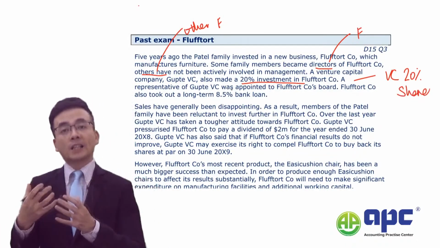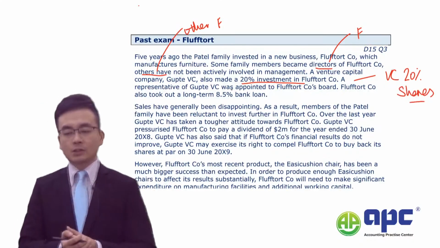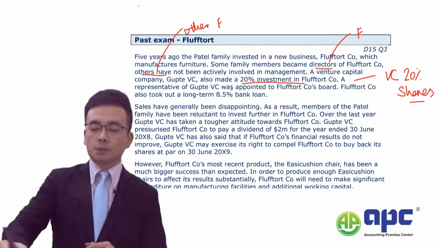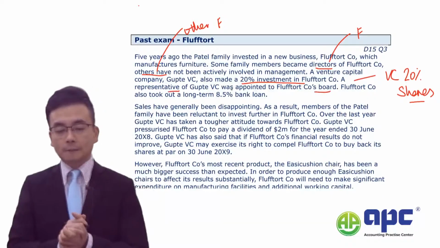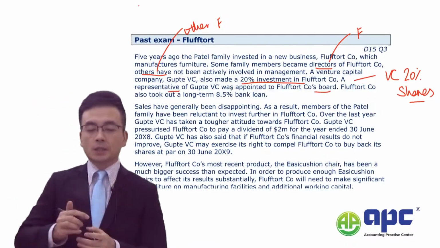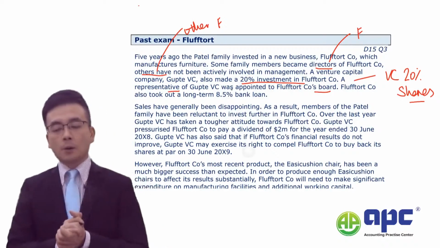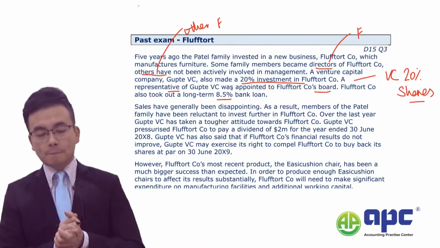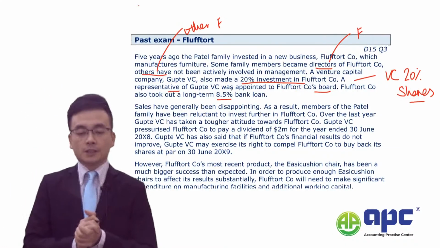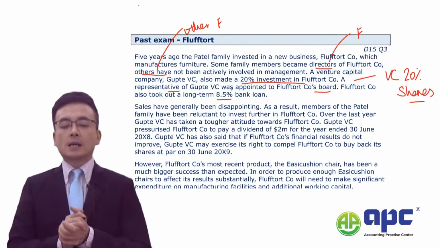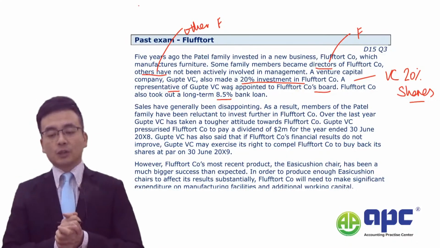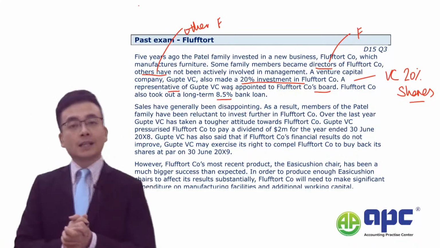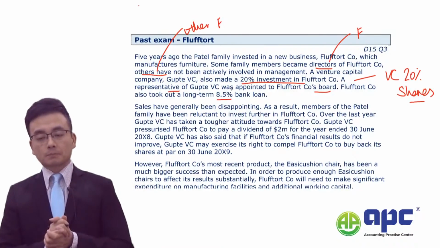So what if we buy them back and cancel them later on? Of course, the VC sends a representative to the board to influence its decision making. And also the company took out a long-term loan at a fixed interest rate of 8.5%. The next paragraph, the sales have generally been disappointing. As a result, members of the Pater family have been reluctant to invest further in the company.